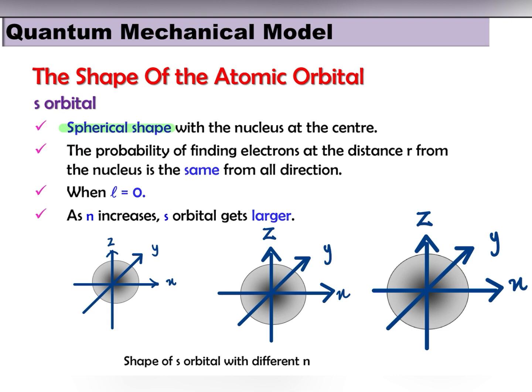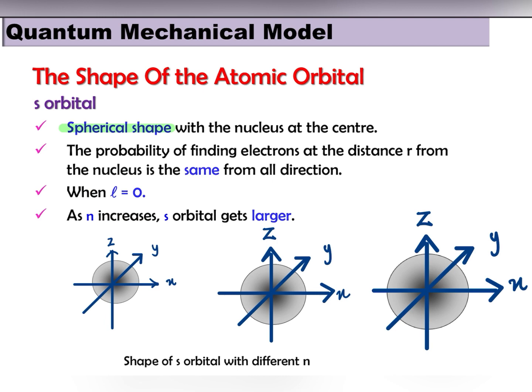And with the nucleus at the center. So bahagian tengah tu adalah nucleus, and you will have electron cloud surrounding the nucleus, and the electron will be in the electron cloud. So in the region, in the 3D region, the probability of finding electron at the certain distance is the same in all direction. Okay, so it is for L equals to 0, you have only one orientation.